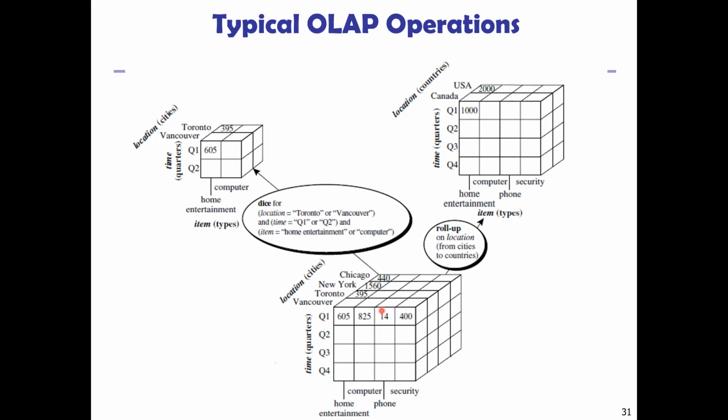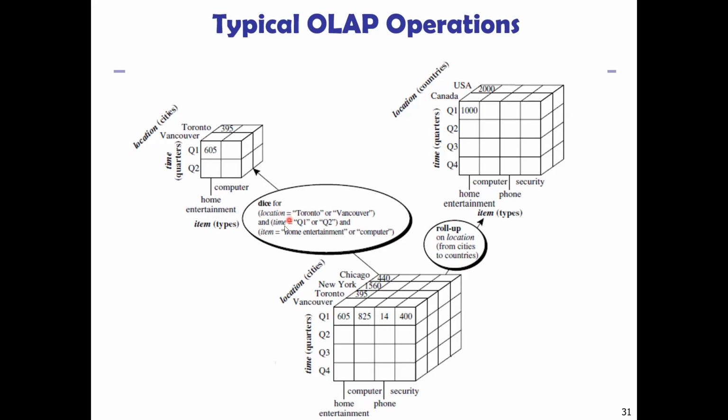Location in terms of cities, time as quarters, and items. A roll-up operation, roll up on location from cities to countries, transforms the data cube from being detailed into a generalized form. So instead of having the data in terms of city, we're going to have it in terms of countries.